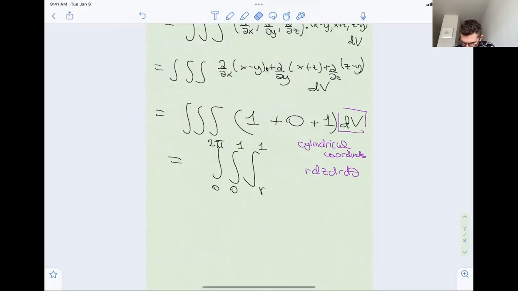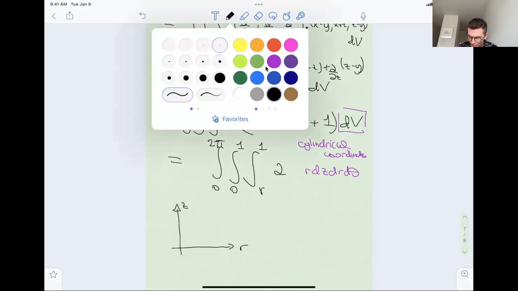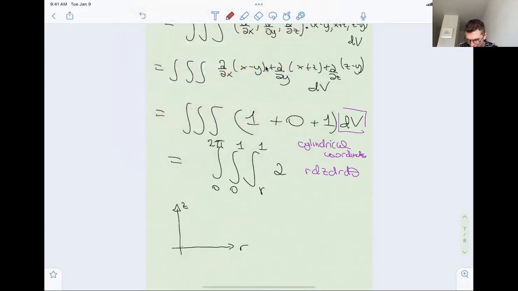And let me draw this like this. Is that making sense? Are the bounds fine? In fact, you can do a cross section if you remember cylindrical coordinates. You can draw the rz plane if you prefer, and what we're looking at is something like this.